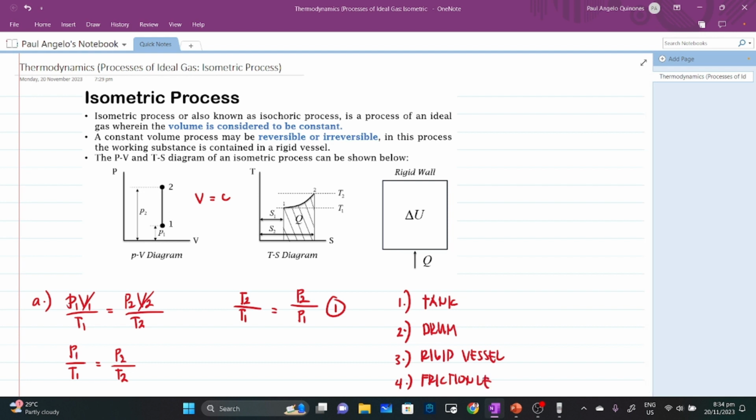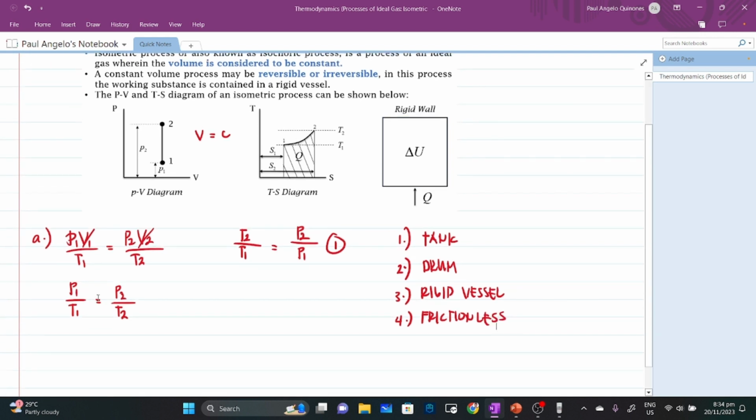Those are the keywords. So once you are dealing with those problems, let's say the first question says a tank is such and such, you can assume immediately that this is a constant volume process.